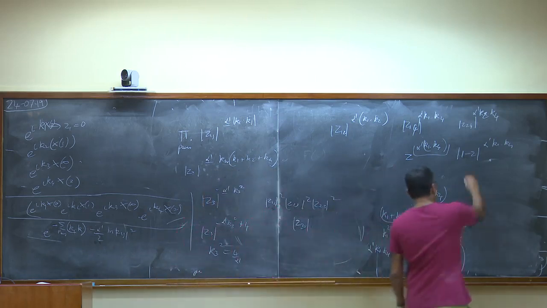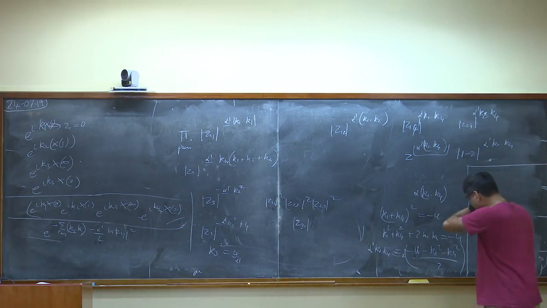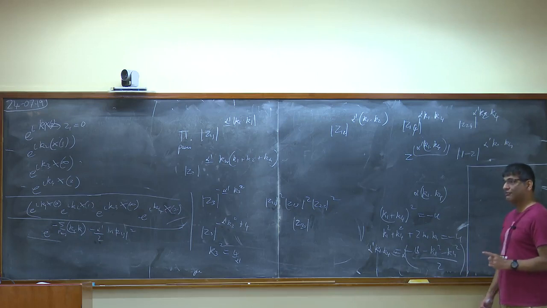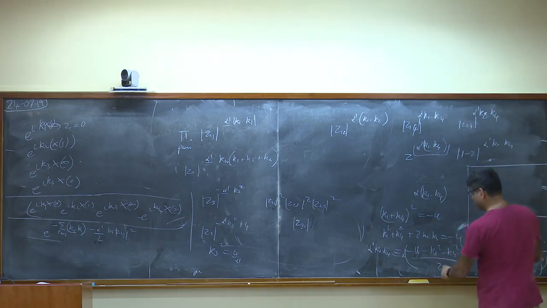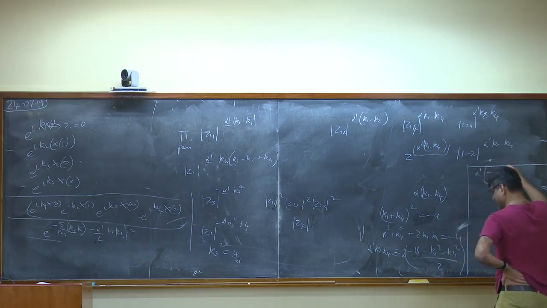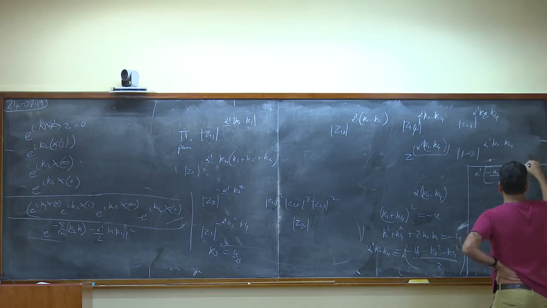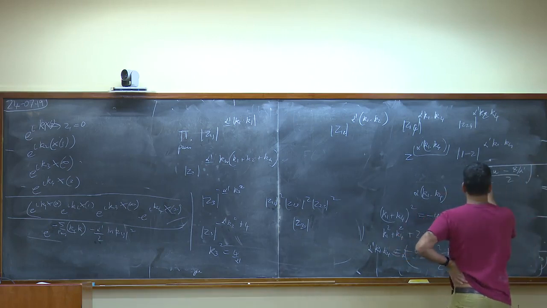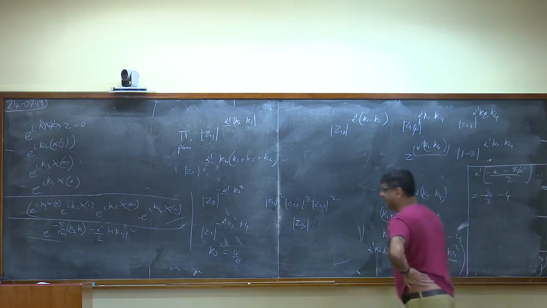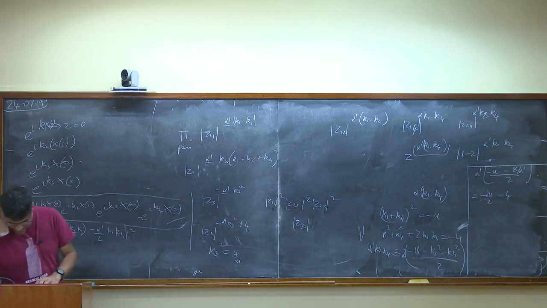Now we plug in K1 squared and K4 squared, both 4 over alpha prime. So we get alpha prime times minus u minus 8 over alpha prime, divided by 2. That is equal to minus u alpha prime by 2 minus 4.